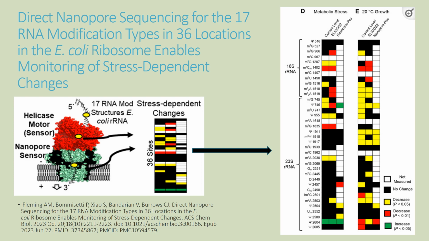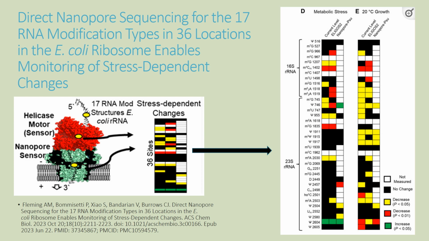This study looked at the 16S and 23S rRNA strands of E. coli that have 36 different modification sites and 17 different structures. They were looking to determine how metabolic and cold shock stress impact these 36 rRNA modifications using direct RNA sequencing. And using this approach, they produced results for all 36 of the sites seen in the blown up figure on the right.